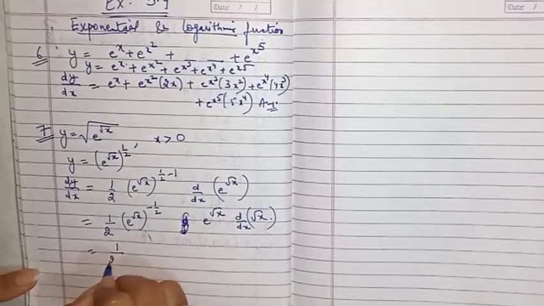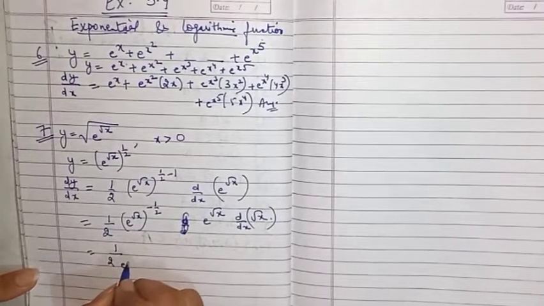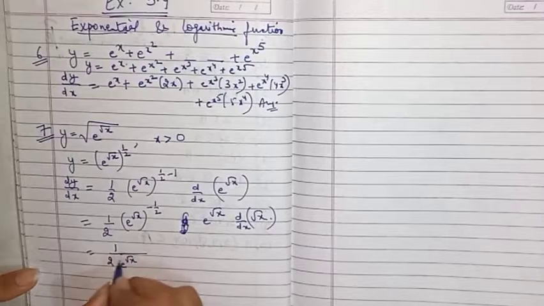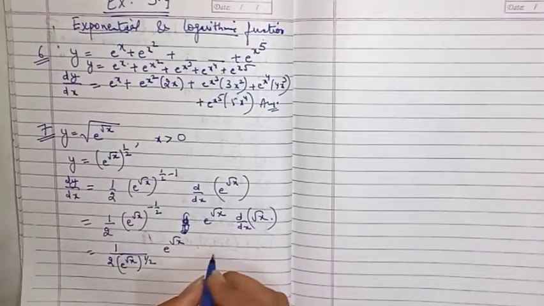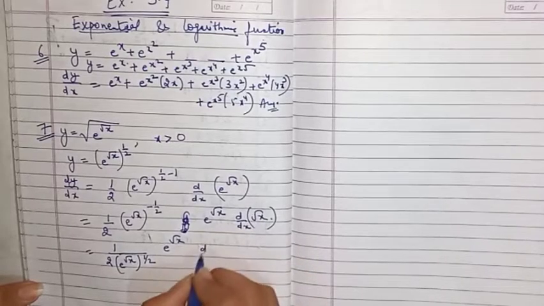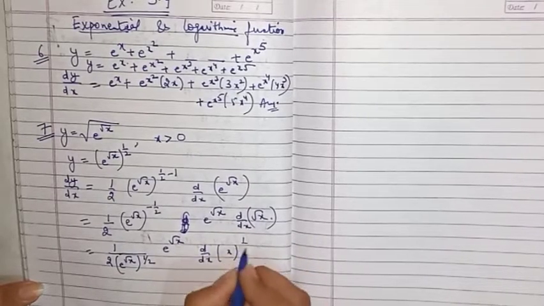It is 1 by 2 e power root x into the derivative of x power 1 by 2.